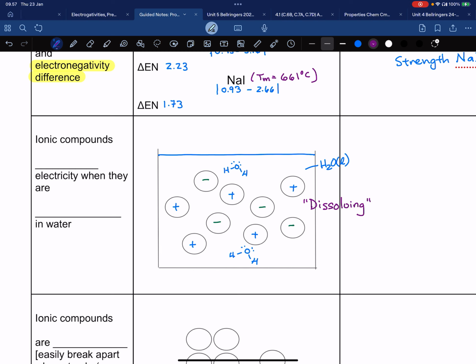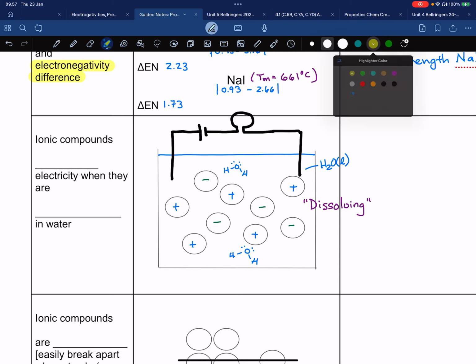Now, then you put in the conductivity probes. So we put in a probe here, a probe here. It had a battery, and it had a little light bulb. And when you stuck it into the solution, the little light bulb lit up, right?